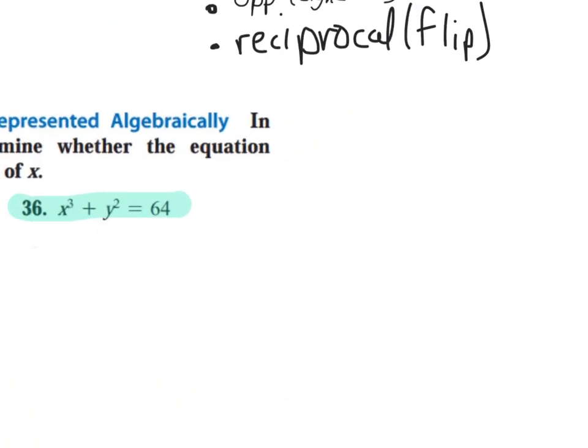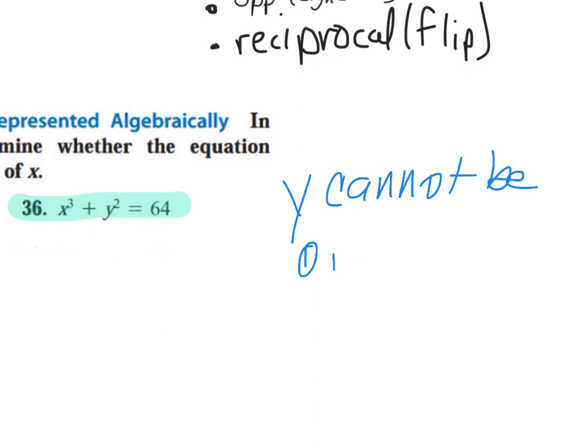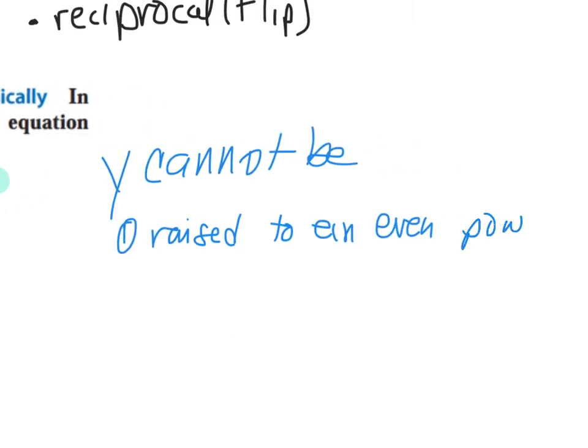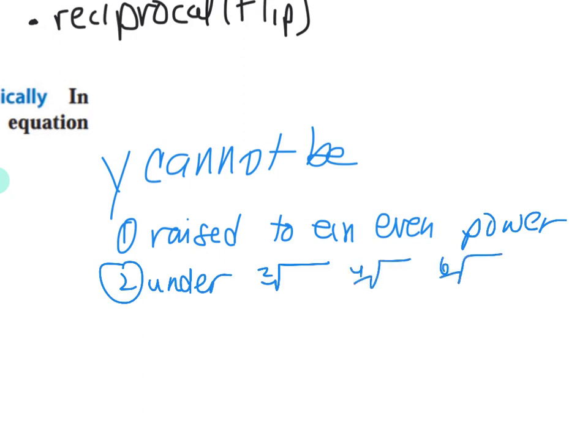When is something considered not a function? There are 3 things y cannot be. Y cannot be raised to an even power, which would be 2, 4, 6, 8, right? It can't be under an even root, so square root, 4th root, 6th root, something like that.